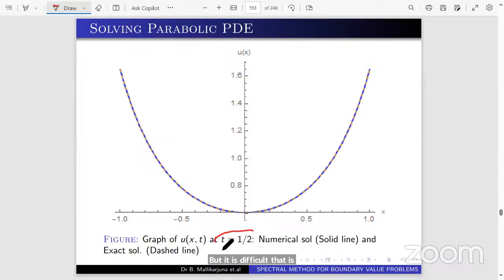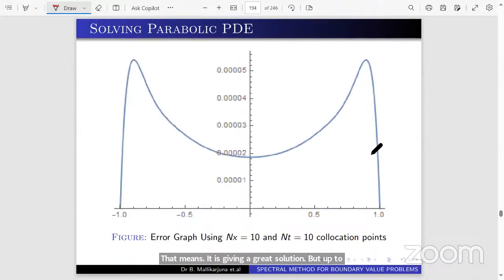That is why at one point of t coordinate, if we would like to compare with the exact solution, it is exactly correlating. That means it is giving an accurate solution. But up to what level it is giving accuracy, that we need to check.